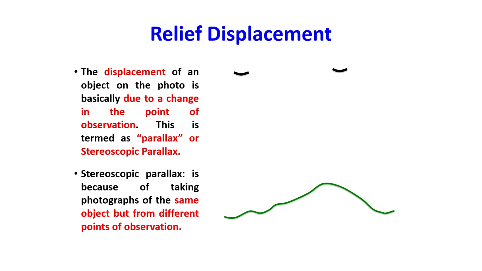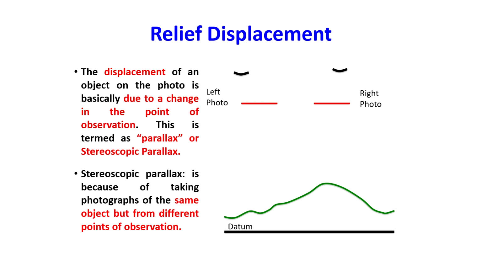For example, you have a terrain here, a topography, and this is your datum, and this is your right and left photo. What you are viewing is over here.